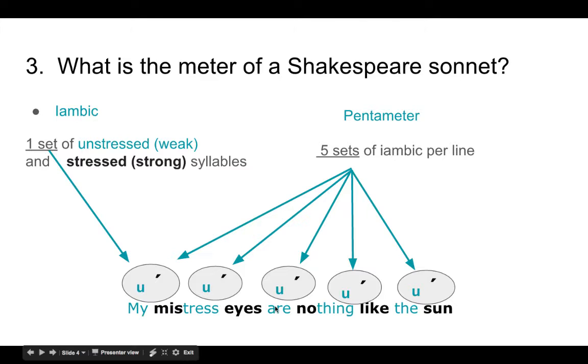Are no, unstressed, stressed, unstressed, stressed, unstressed, stressed. All that means is weak, strong, weak, strong, weak, strong. So in essence, each line of a Shakespearean sonnet has a total of 10 syllables. 5 weak, 5 strong, in that order. So it's like a pattern.